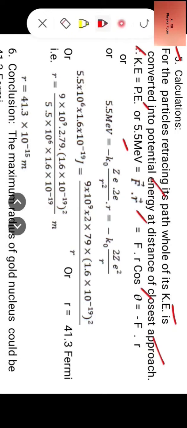So we can write it as minus F r. Or we can write 5.5 million electron volts is equal to minus K₀ Ze · 2e divided by r squared, which is the repulsive force between the alpha particle and the positively charged nucleus, times r. Or we can write it as minus K₀ 2Z e² by r.